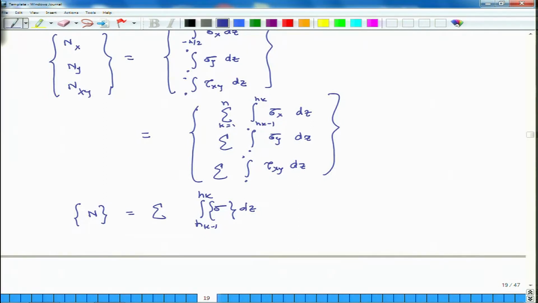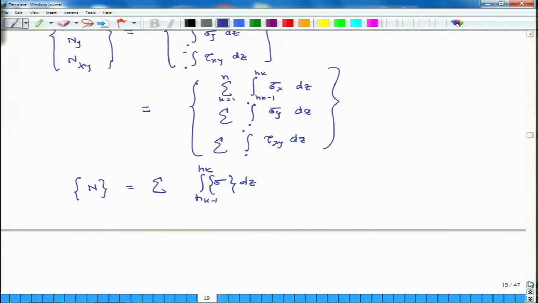This is how I can express this mathematically, and the summation is for k equal to 1 to n layers.